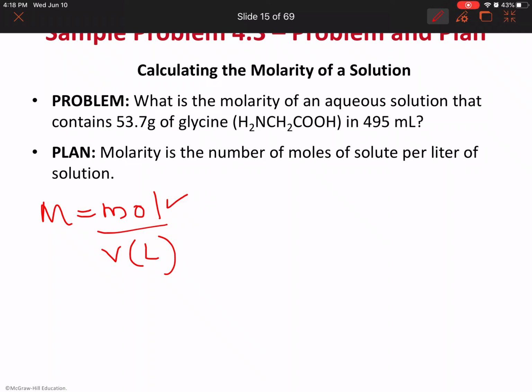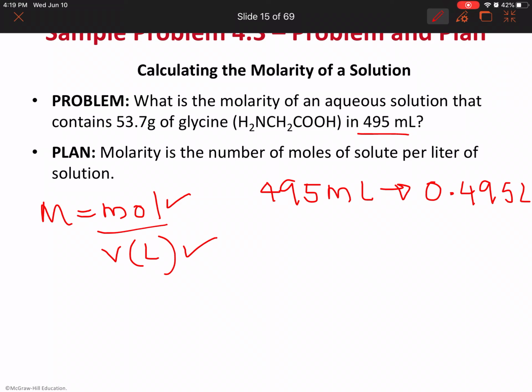If you know the moles and the volume, we can find out the molarity. We know the volume, 495 milliliters, but we need to convert it into liters. You divide it by 1000, that would make it 0.495 liters.